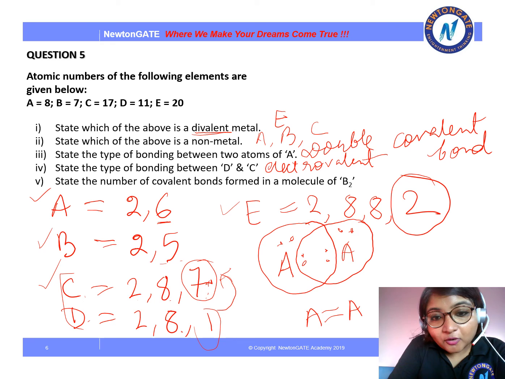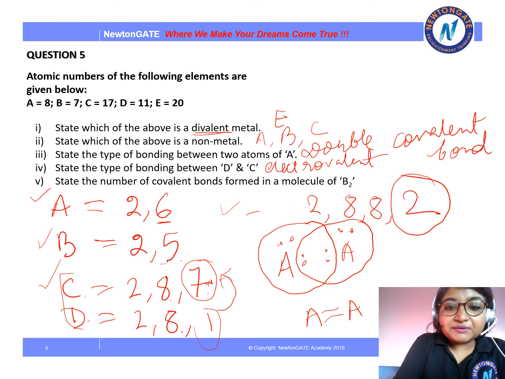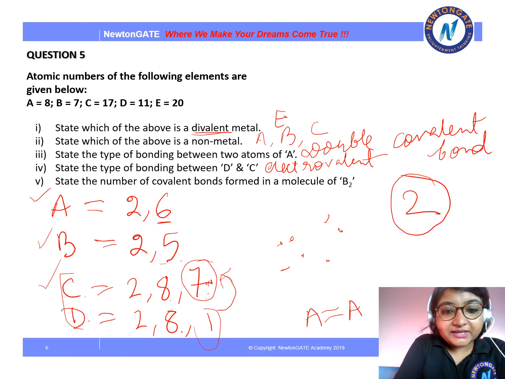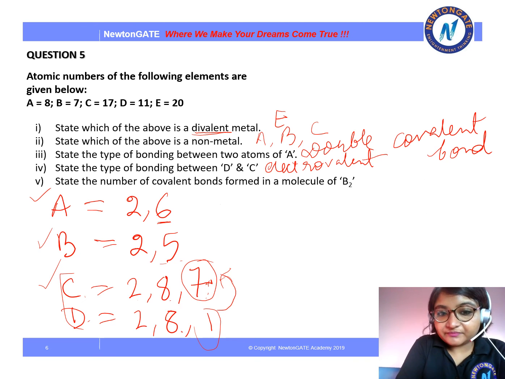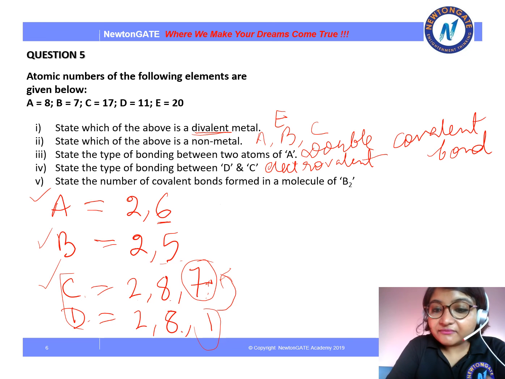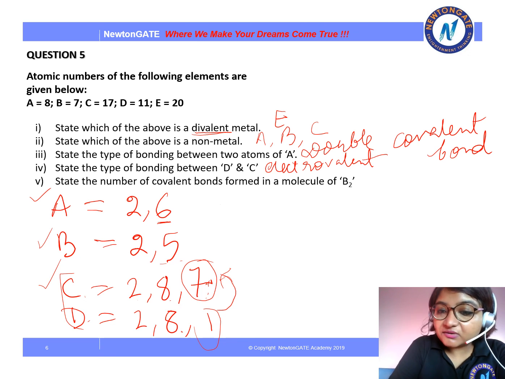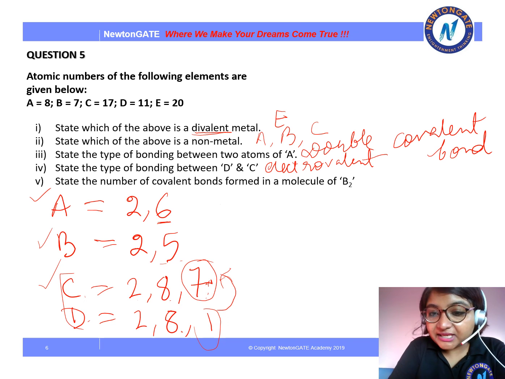State the number of covalent bonds formed in a molecule of B. You can see that B is 2, 5. There are 5 valence electrons, that means 5 electrons in the outermost shell. That is K and L. So in the L shell it has 5 electrons. It needs only 3 electrons to complete its octet. So there are 2 atoms of B. Each atom of B will need 3 electrons from the other.